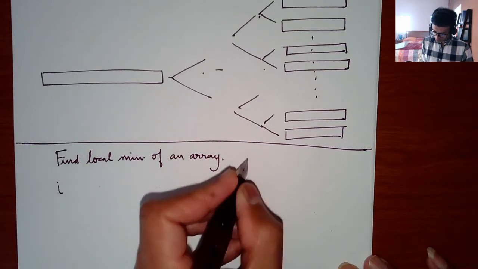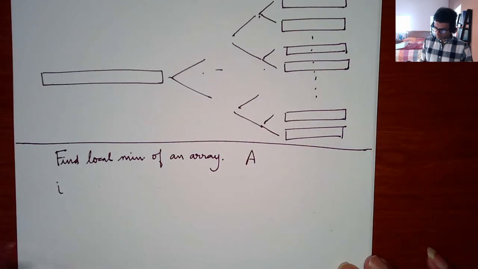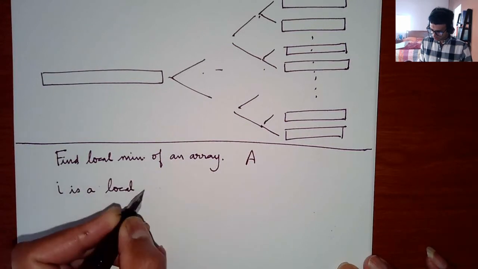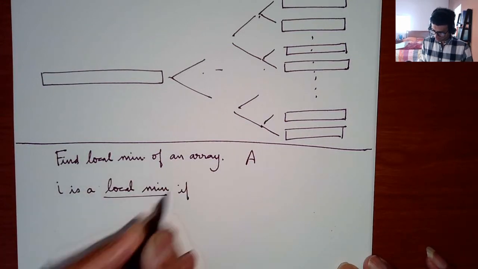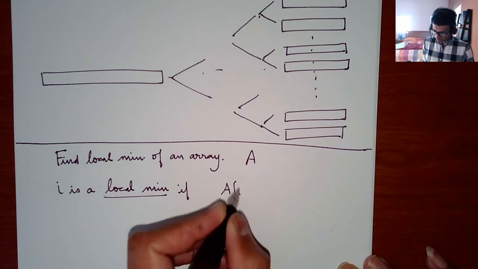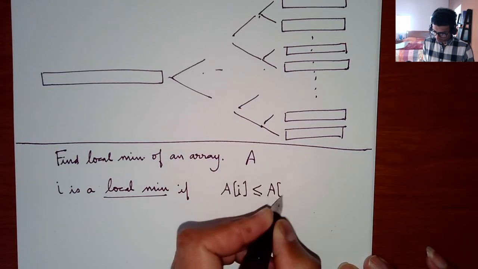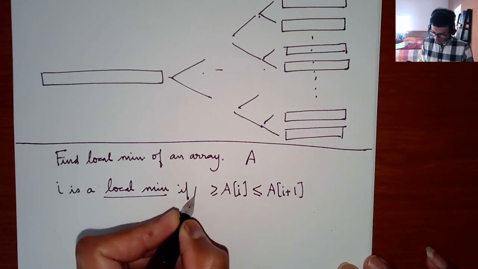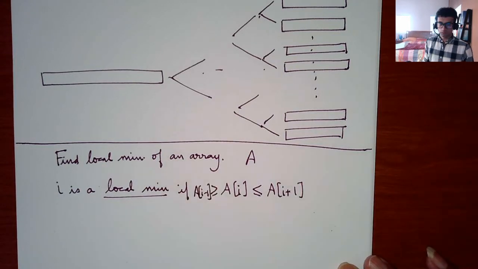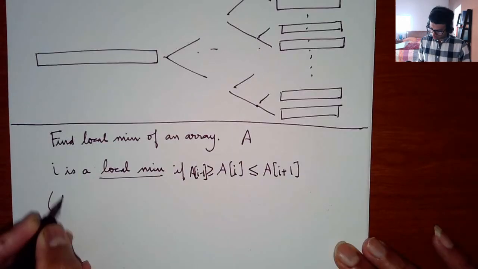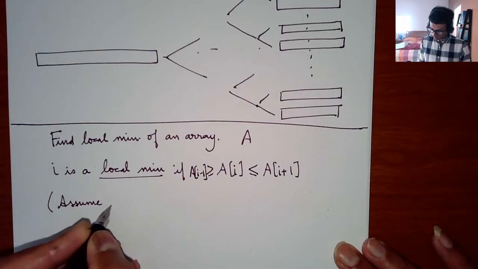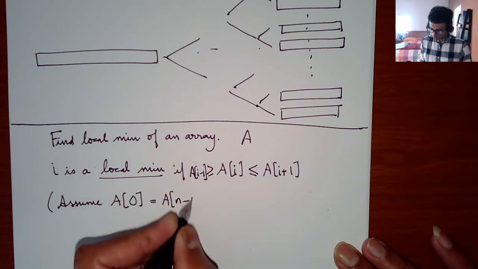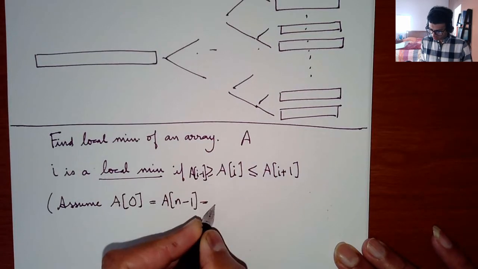It's an array A. I is a local min if A of I is less than or equal to A of I plus 1 and also less than or equal to A of I minus 1. We'll assume that A of 0 and A of n minus 1, the ends of the array, are infinity.